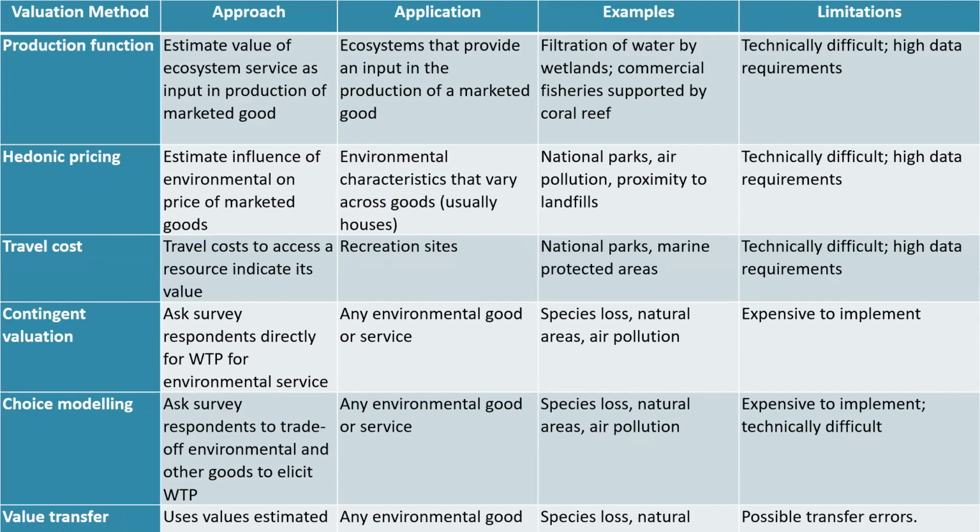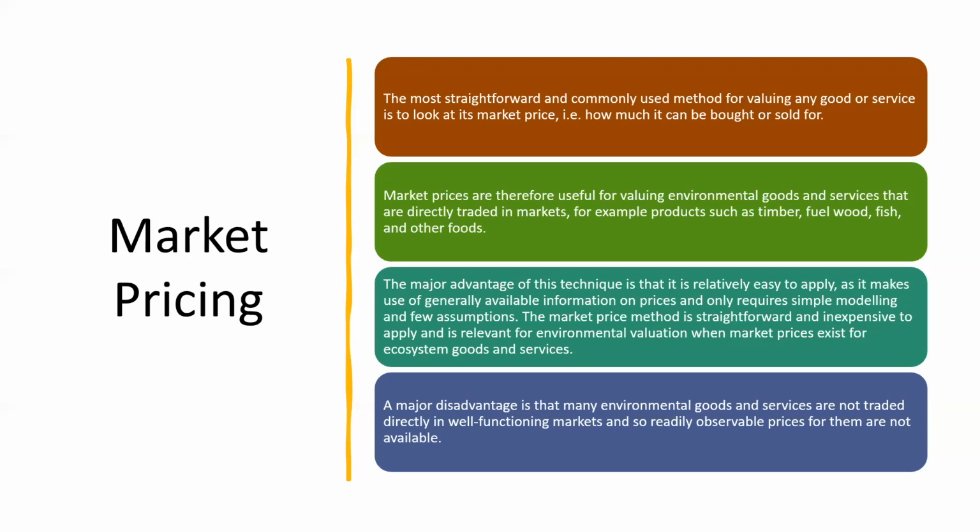It's a lot more complex than the revealed preference techniques, where you ask people to state their preferences for some hypothetical change in the ecosystem and what they are willing to pay, either through taxes or some other form, to either preserve this space or to rehabilitate it so that they can get the flow of ecosystem services. So I just wanted to add that.